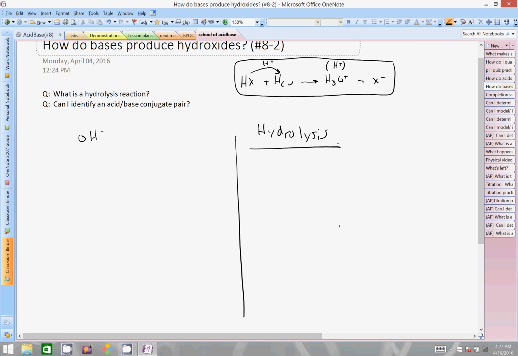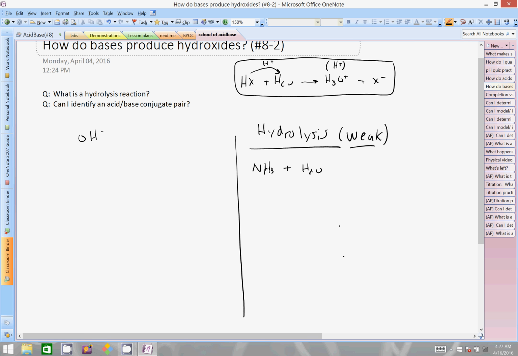You hear the terms weak acids and weak bases. Weak bases undergo hydrolysis, and there really are only a few that we'll talk about. Even ammonia might be one of the rare few that we'll specifically talk about in this class. And ammonia will react with water.